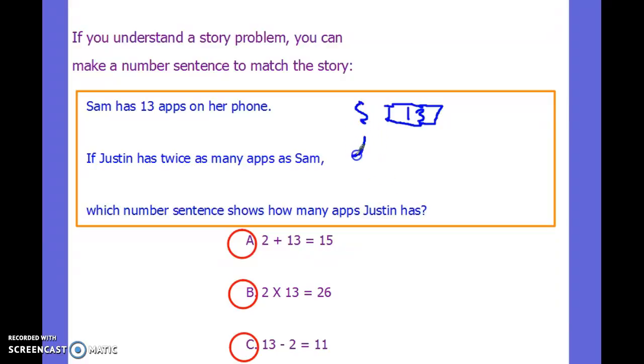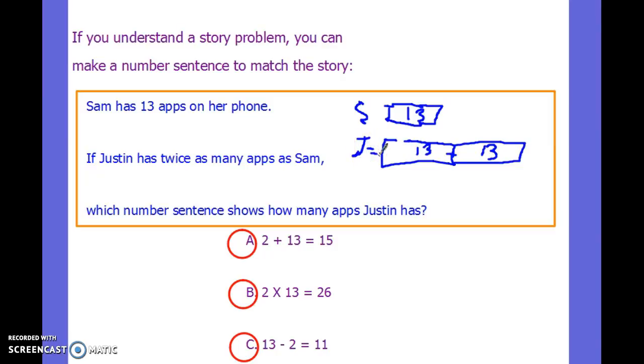But I also know that Justin is involved in this problem, and if he has twice as many apps, I'm not just going to have one bar to represent Justin, I'm going to have 2, and in both bars, Justin is going to have 13. So in reality, there's a couple different number sentences that could tell us how many Justin has. I could do repeated addition and say 13 plus 13 is going to get me the total for Justin.